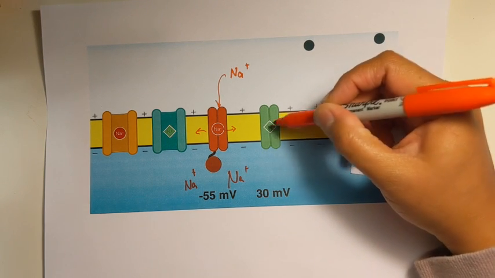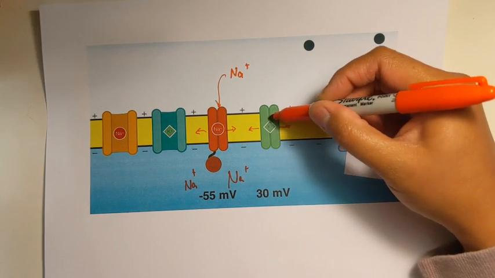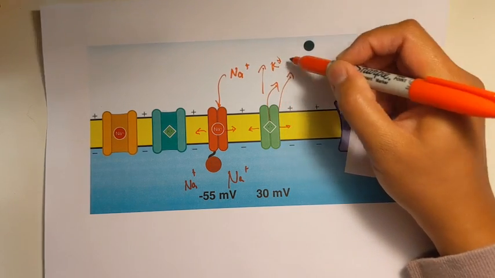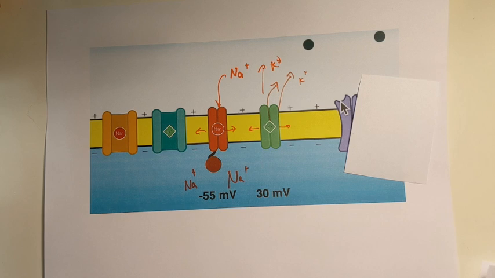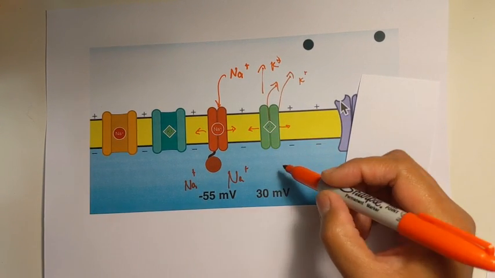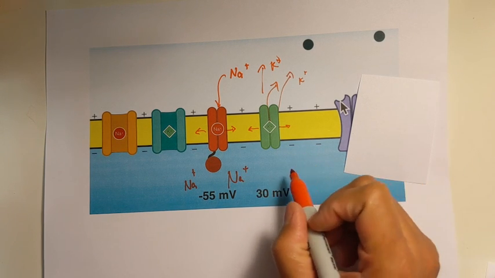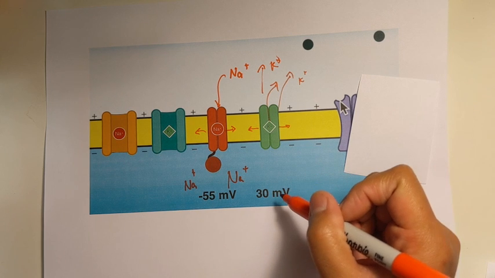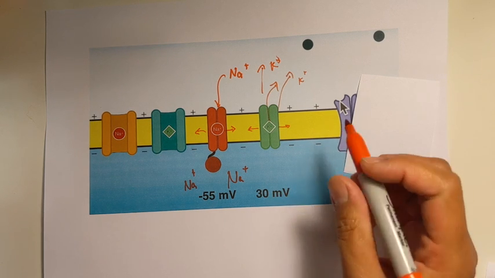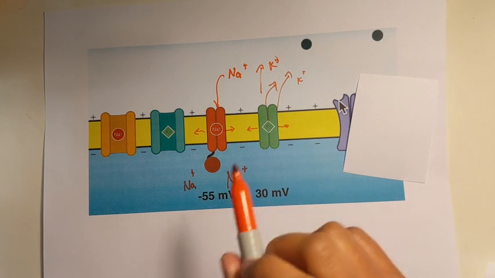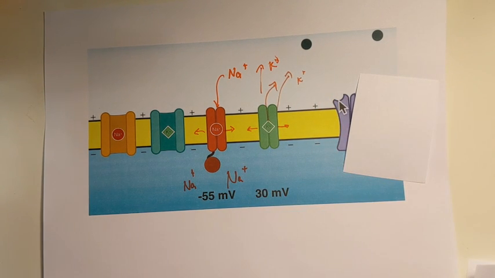So this opens and the potassium ions rush out, which then causes a repolarization. So the inside of the cell membrane becomes more negative because a lot of the positively charged potassium ions are going out. That is what we call repolarization.